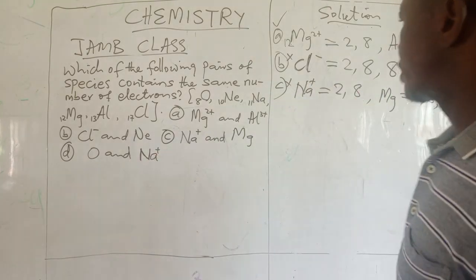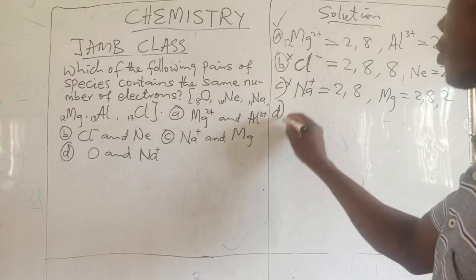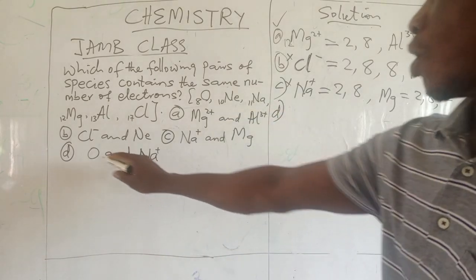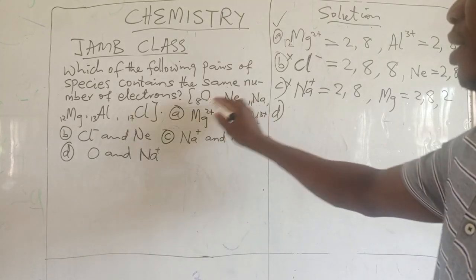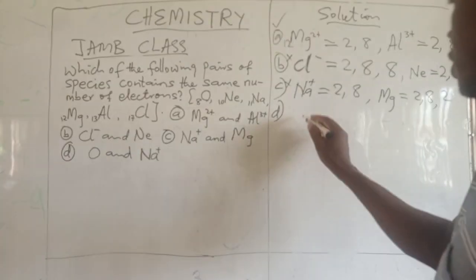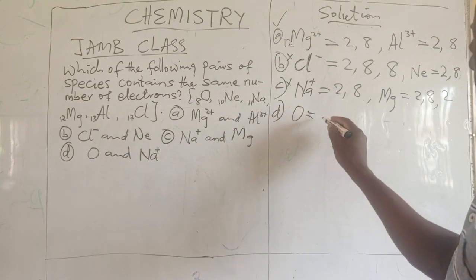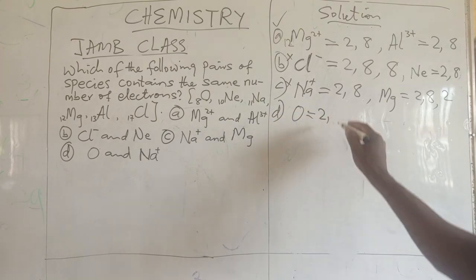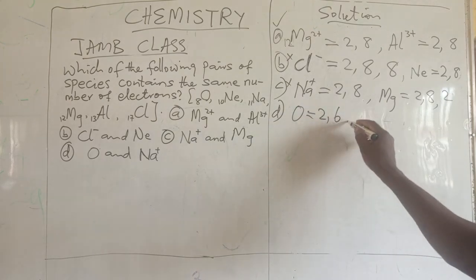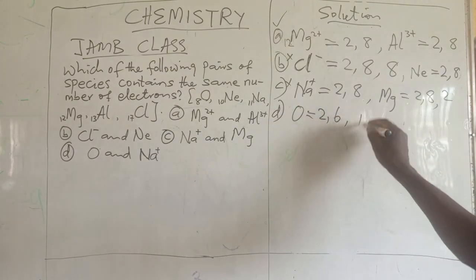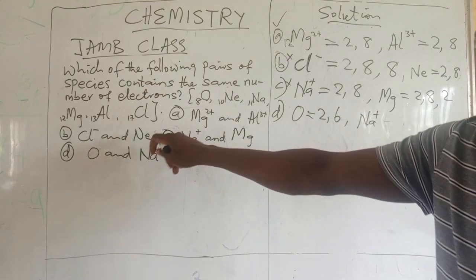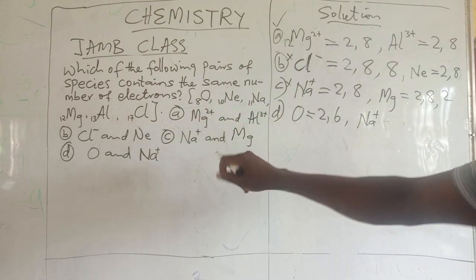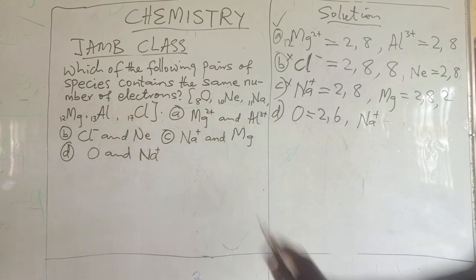The last one, oxygen and sodium. Oxygen, they said, is 8. It has no charge here, so the 8 are still there. You have 2 and 6. Now the next is Na plus. Originally it has 11, but it has given out 1.